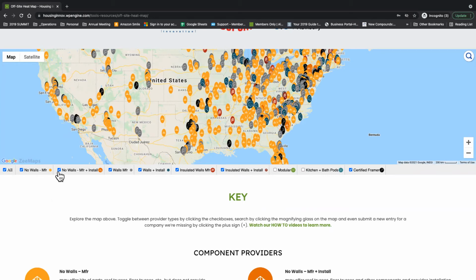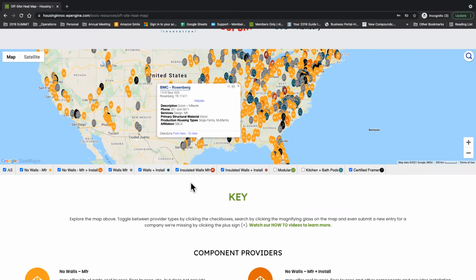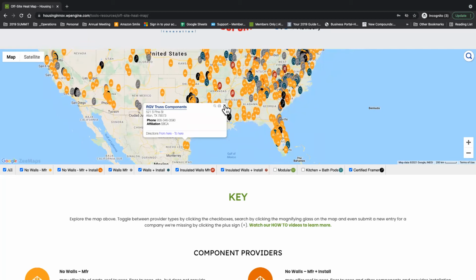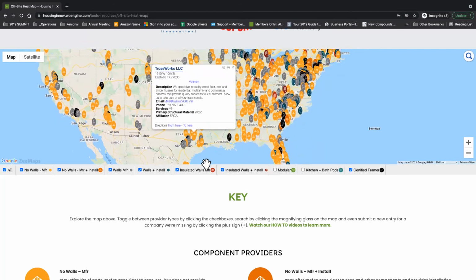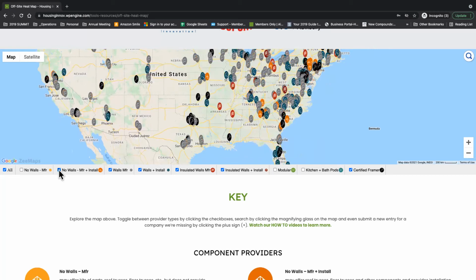So let's say you're one of these yellow pins. You're actually an offsite provider in Texas, and you're looking to see how you might want to expand the solution that you're offering. So you can go here and take off all of your existing competitors who only do that, and then focus in really here.